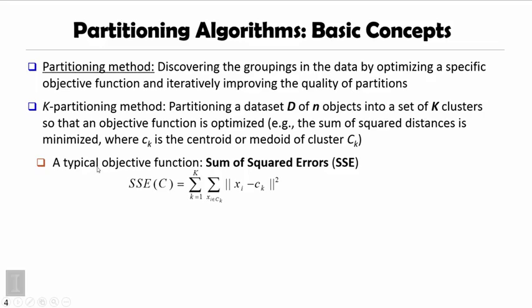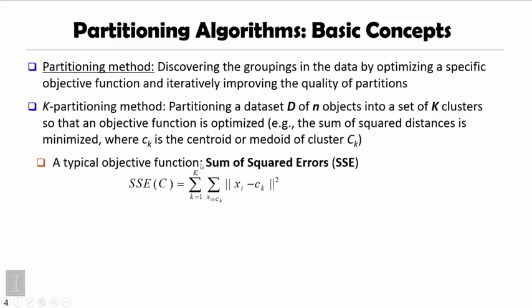So a typical objective function is the sum of squared errors, often written as SSE. For the SSE, we sum over k clusters, k from 1 to K. Then for each such cluster, if an object i is in this cluster, the squared error simply says the sum of these squared distances.